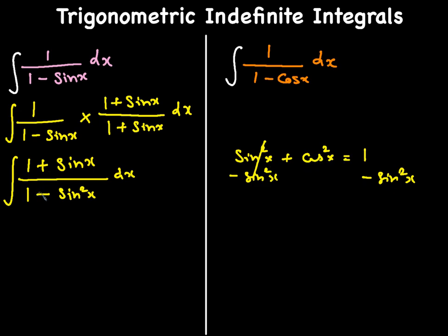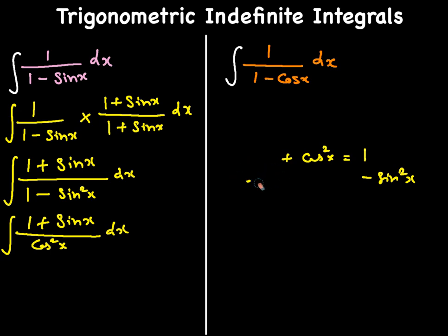So we can change this 1 minus sine square x to cos square x, so 1 plus sine x divided by cos square x dx. Remember the trigonometric identity. You can make a flashcard of those. This is like a flashcard trick.